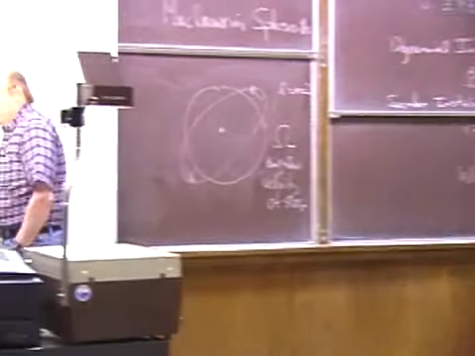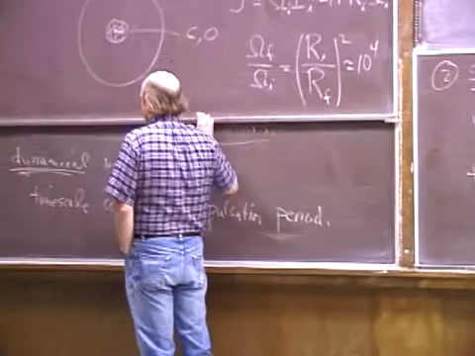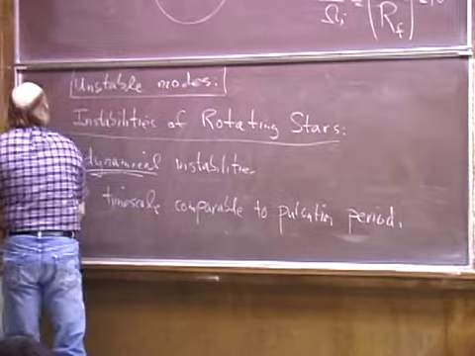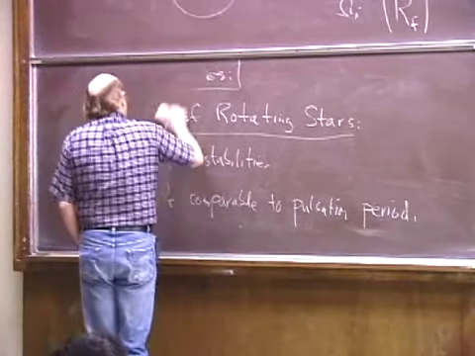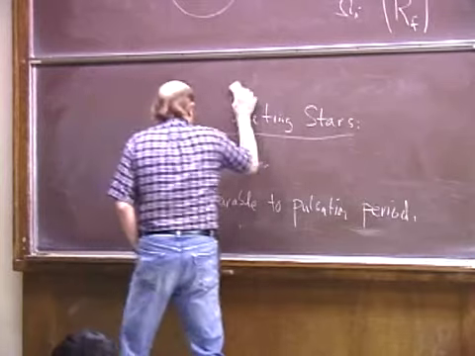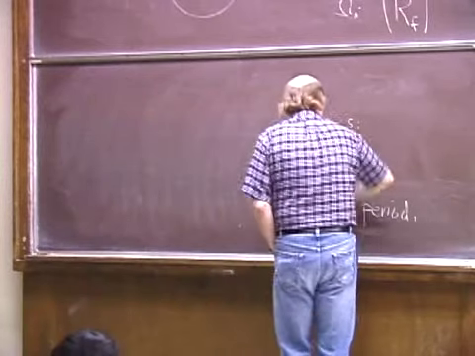Okay, a related possibility is called the accretion-induced collapse of white dwarfs.